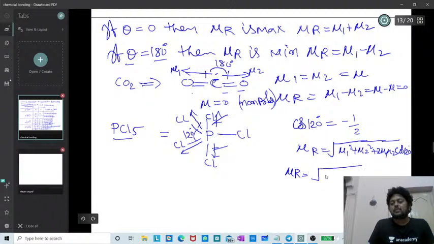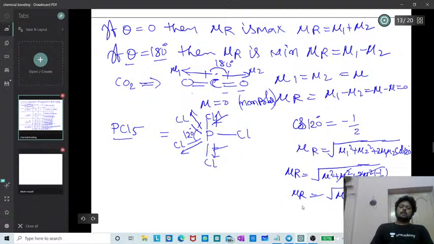That is mu square plus mu square plus 2 mu square into minus 1 by 2. The 2 gets cancelled, and mu square plus mu square minus mu square gives mu square, so the resultant is mu. The resultant of these two has magnitude mu, and the third vector also has mu, and both face in opposite directions. So the resultant dipole moment is equal to 0 for this molecule.